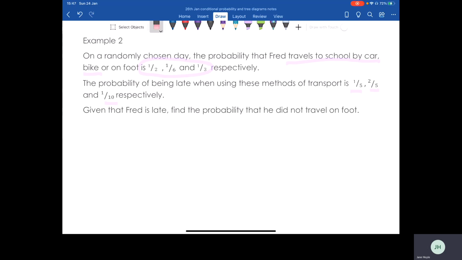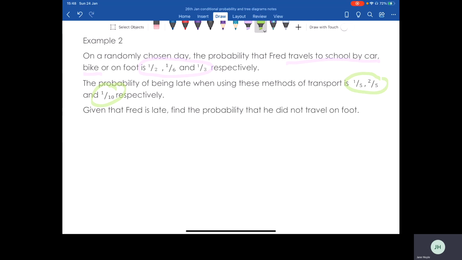But note here, these probabilities, the 1/5, the 2/5, and the 1/10. If I change all of those to tenths, I'll have 2/10, 4/10, that's 6/10, 1/10, 7/10. They don't add to give 1 because, of course, they're not part of the same kind of event. They're not part of the same sample space, are they?